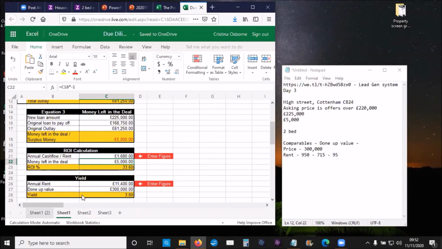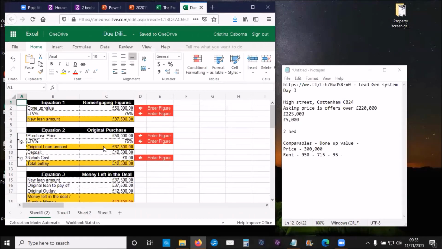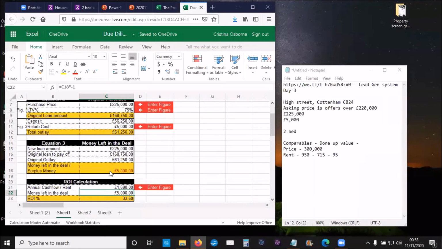The reason there's only £5,000 left in the deal on this property, compared to the cheaper property at 12,500, is the difference between the done-up valuation of 300,000 versus what you bought it for, 225 plus a refurb of £5,000. Based on the done-up valuation, you can pull out a lot more money from the property. You recycle that property because you refinanced it.